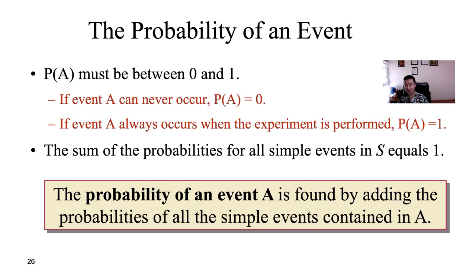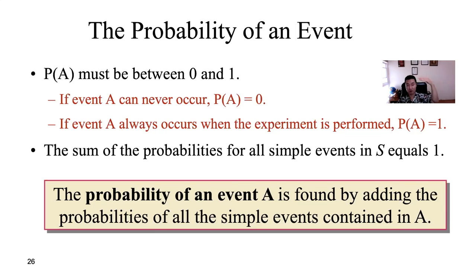We toss the coin. The chance we get head is 50%. The chance we get tail is also 50%. So 50 plus 50 is 100%. So all the simple events added together always equal 100%. And the probability of event A is found by adding the probability of all the simple events belonging in A together.